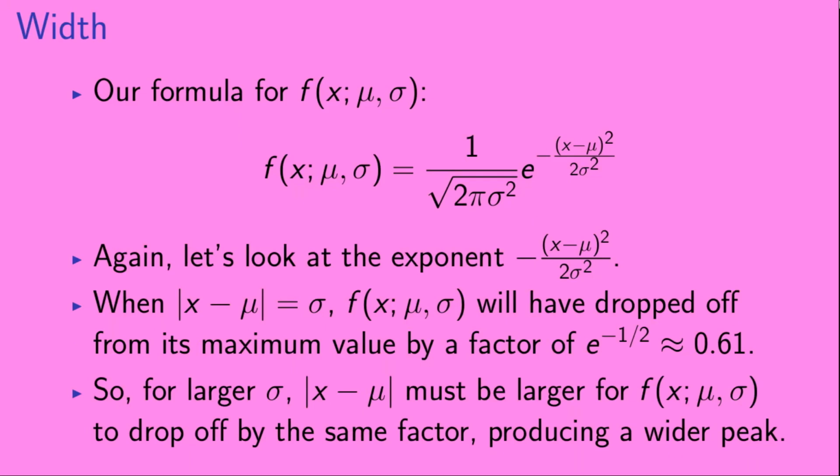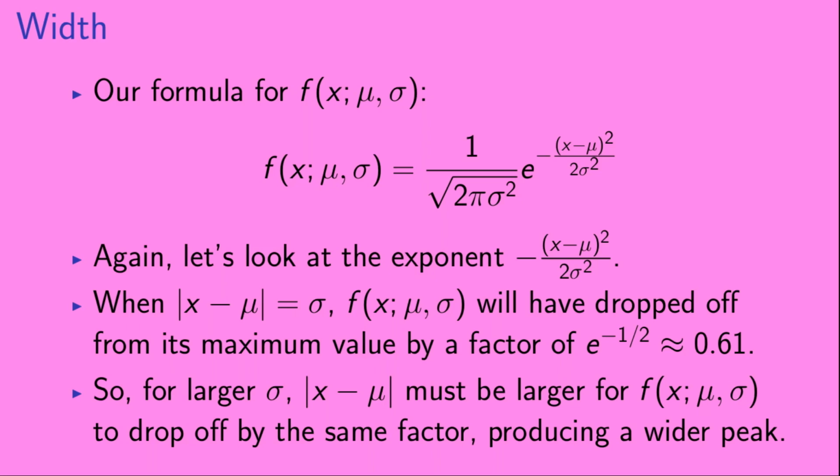First, let's look at the width of this distribution. Okay, so we have our formula for f of x given mu and sigma. Again, let's look at that exponent, minus x minus mu squared over 2 sigma squared.